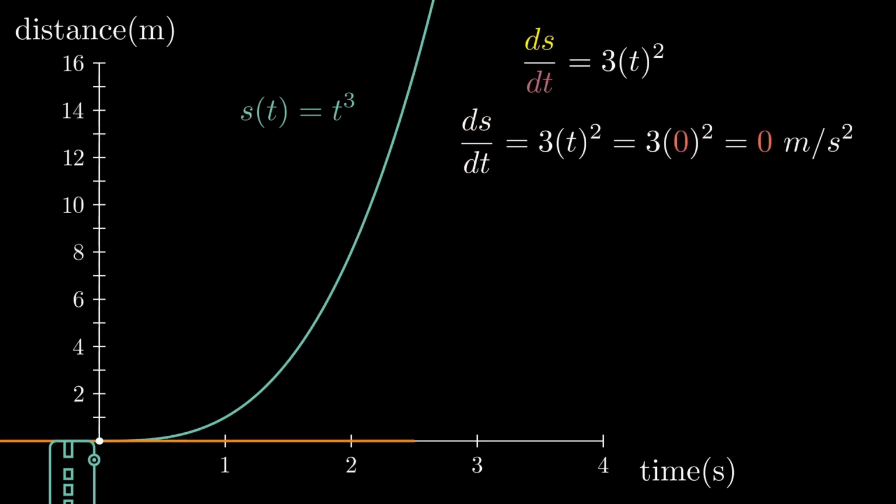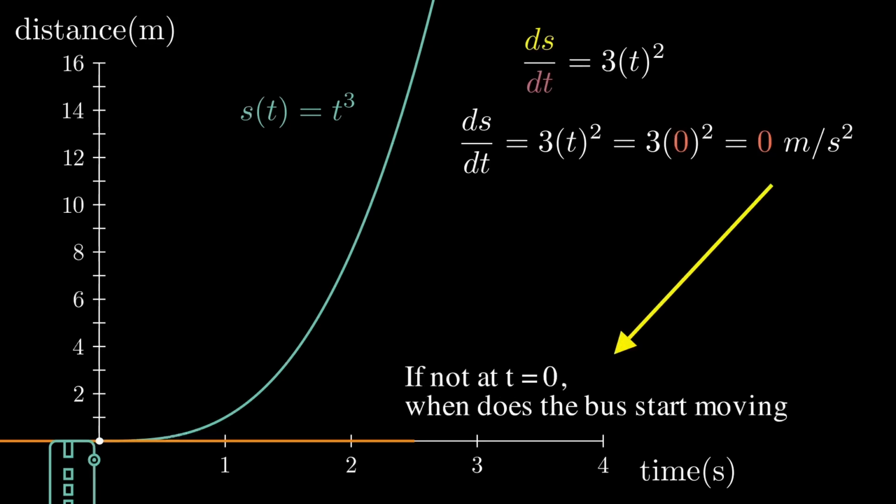You might do something like this. From the velocity equation, put the value of time t equals 0 and you'll get 0 meters per second. But that statement is a bit paradoxical. I might say if not at time t equals 0, then when does the bus start moving?